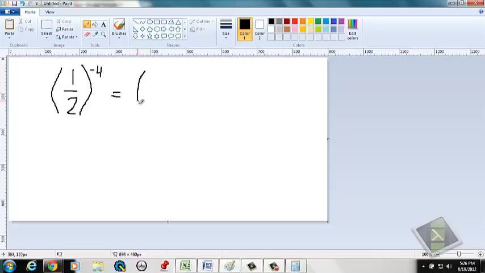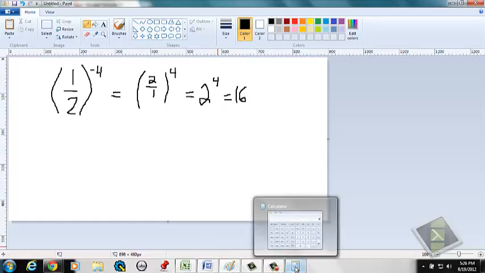So this will become 2 over 1, or it would be simply 2, and the exponent goes to positive. So if you get a fraction raised to a negative power, flip the fraction and change the exponent to positive. So this is just now 2 to the 4th. 2 times 2 times 2 times 2 is going to get you the answer 16. So that's the value of what 1/2 to the negative 4th is.